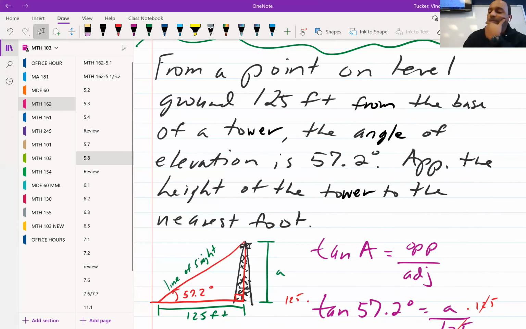I'll let you guys copy that and I'll scroll to the side. All right, can I do this over here?